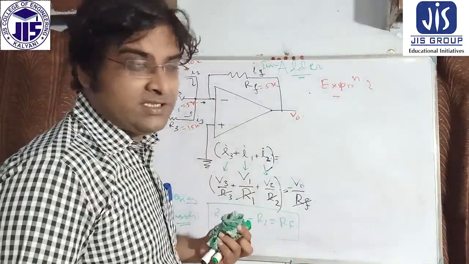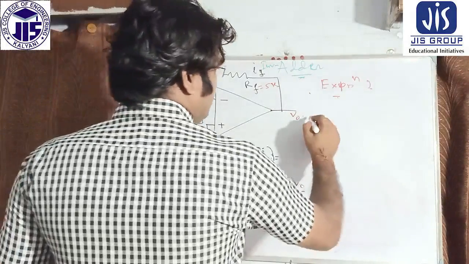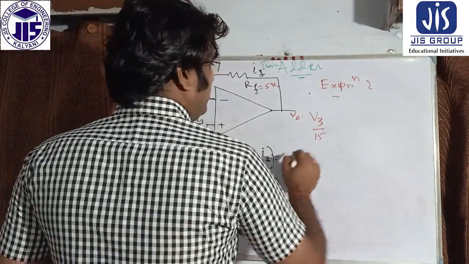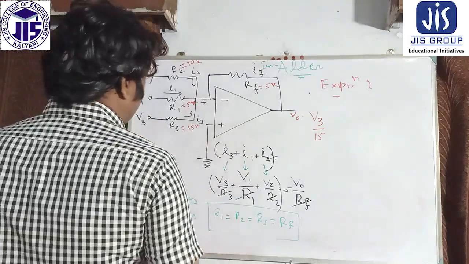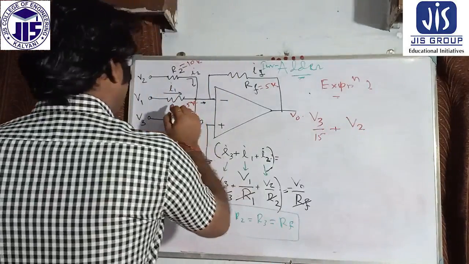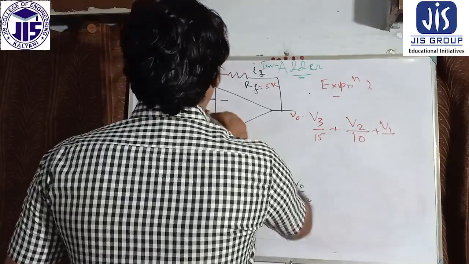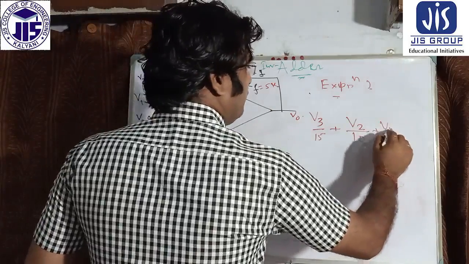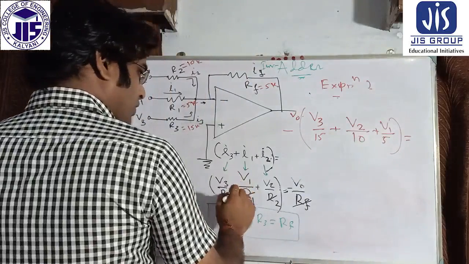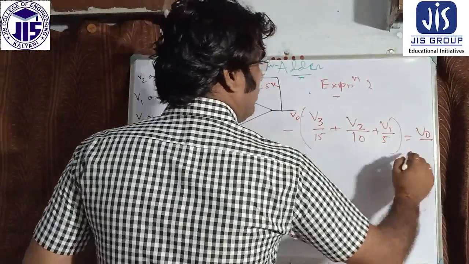For that, very easily we do this math: V3 by R3, R3 is 15, then V2 by 10, and V1 by 5, which is minus, equals V naught by Rf, which is 5.